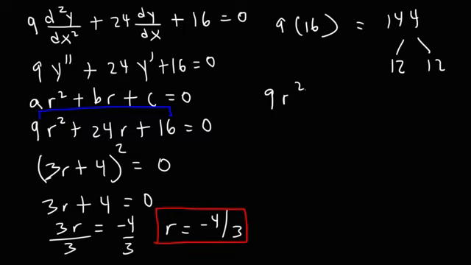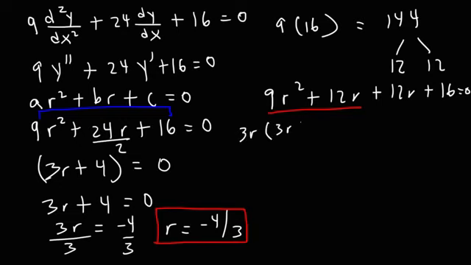Now your next step is to replace the middle term with 12r plus 12r. So mathematically the value is still the same. 12r plus 12r adds up to 24r. Next, factor by grouping. So in the first two terms, take out a 3r. You'll be left with 3r plus 4. And then in the last two terms, take out the GCF, which will be 4 in this case.